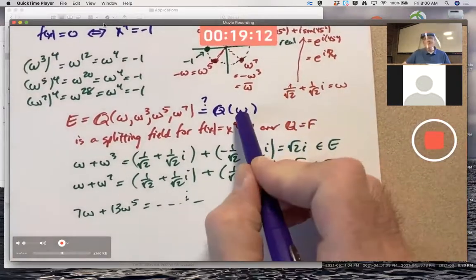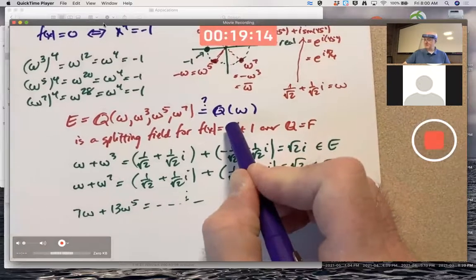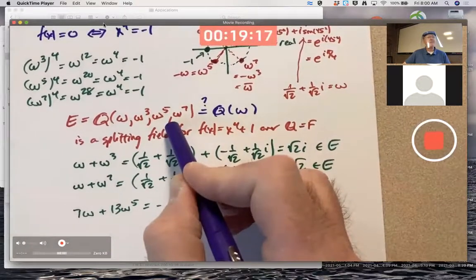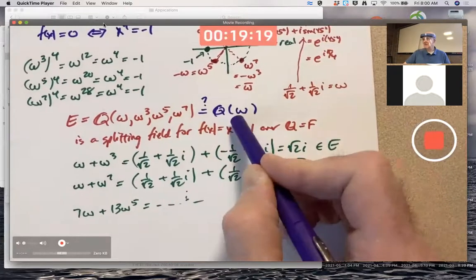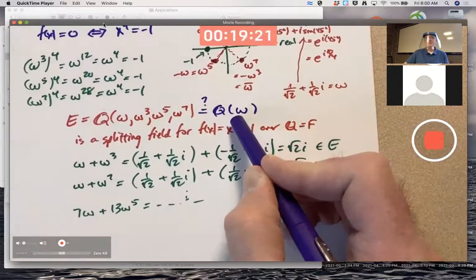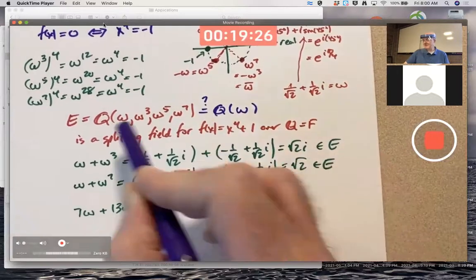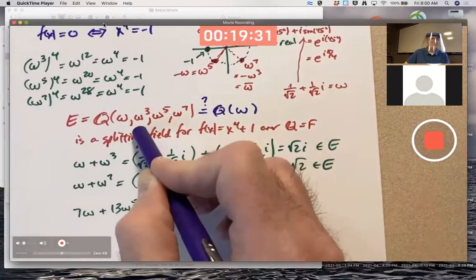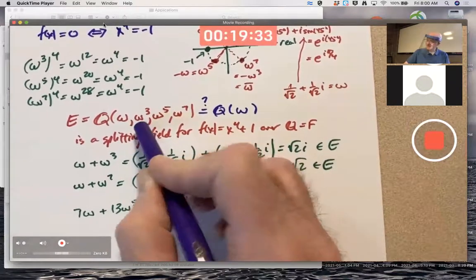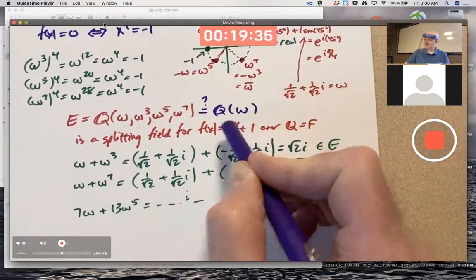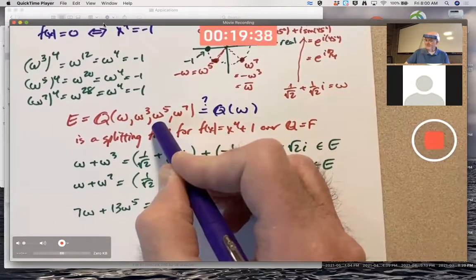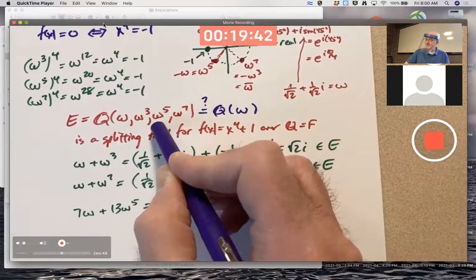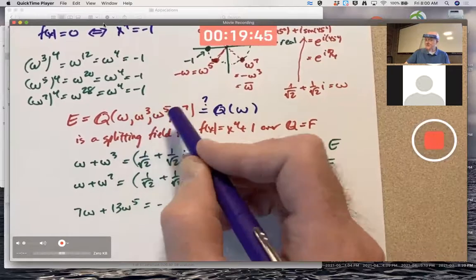Certainly, Q adjoin omega is a subfield of Q adjoin all these things, right? This is the smallest field extension of Q that contains all of Q and omega. But this contains omega as well. This has got to be a subfield of that. Is this a subfield of that? This is the smallest subfield, or smallest field extension of Q in the complex numbers, containing omega, omega cubed, omega to the 5th, and omega to the 7th.